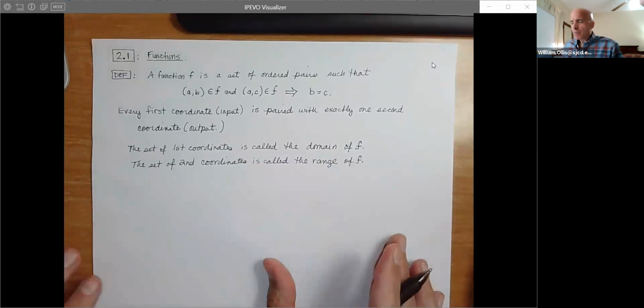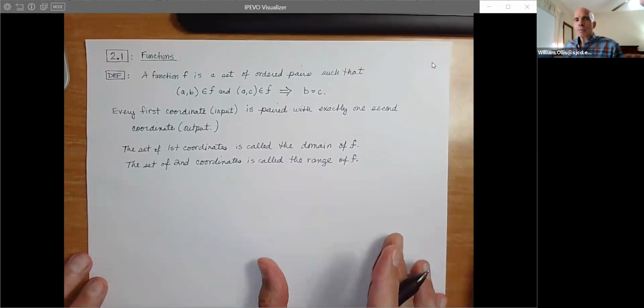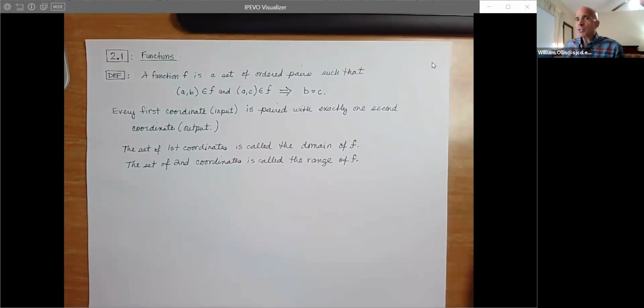So when we think about this, again, at least from a definition standpoint, you can make up all kinds of functions. You can make up a function to solve a problem in a science class. You might be making a new model and you come up with a function that supports your model.